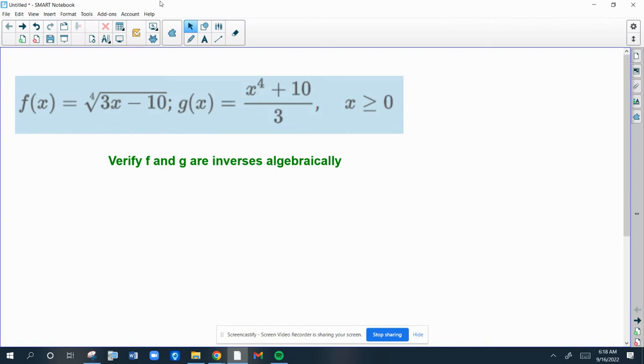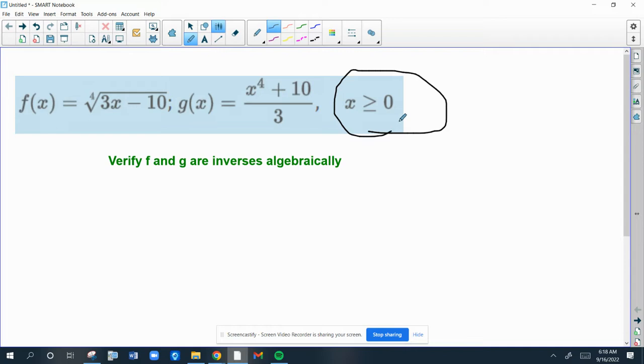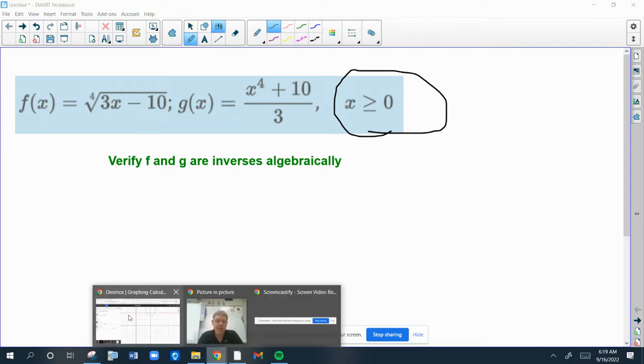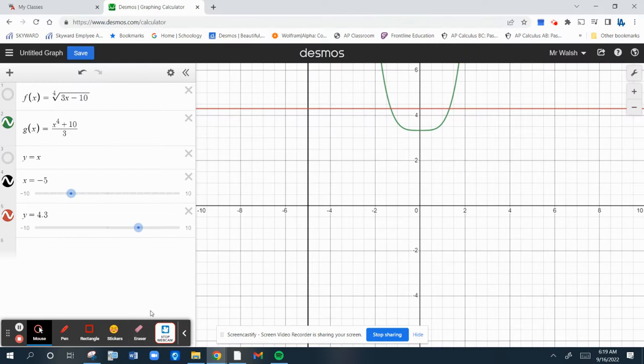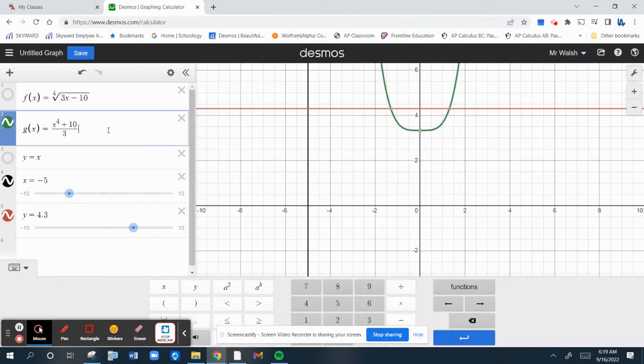They restricted the domain on this function, for x has to be greater than or equal to 0. And the reason why that was necessary is just this fact. It doesn't pass the horizontal line test, so it doesn't have an inverse. So if you look over here to the left, I'm going to restrict the domain just like they said.